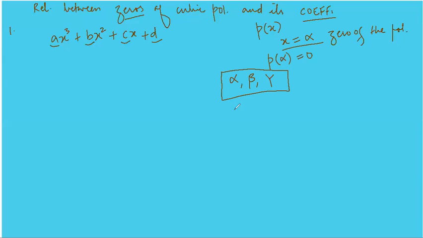Now I'm going to state three relationships. Number one is the sum of all zeros. That is alpha plus beta plus gamma would be equal to the same formula which we used for the sum of two zeros of a quadratic polynomial, that is minus b by a.